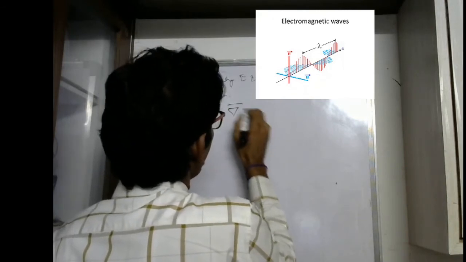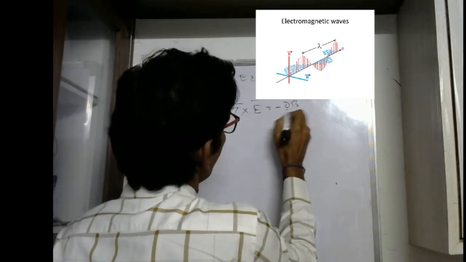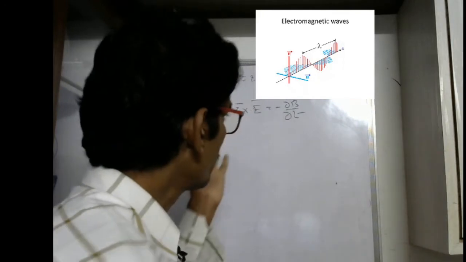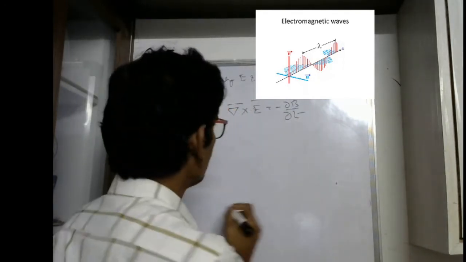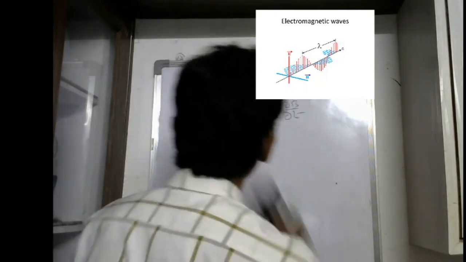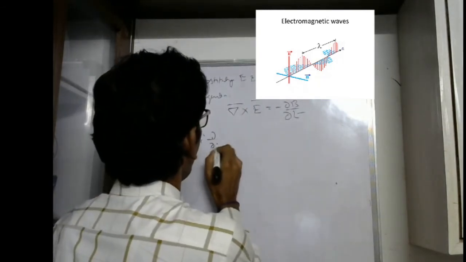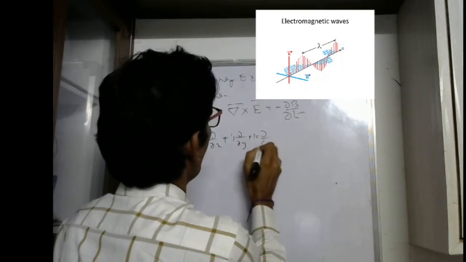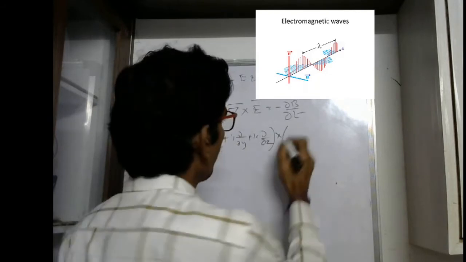Del cross E is equal to minus dou B by dou t. Okay, you write for E and write for B here. Write for del as well. Here this is del. Means you write the entire expression: i dou by dou x, j dou by dou y plus k dou by dou z, cross E. What is E?